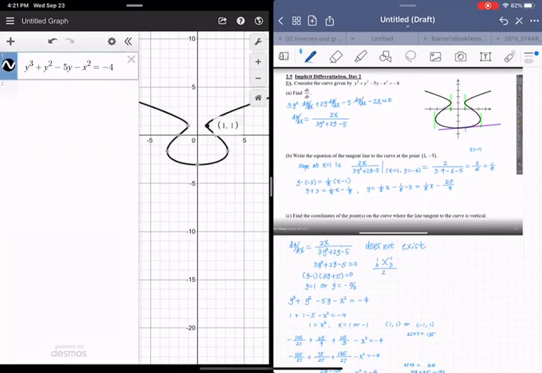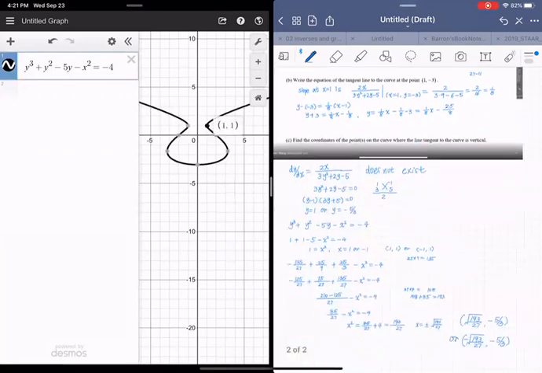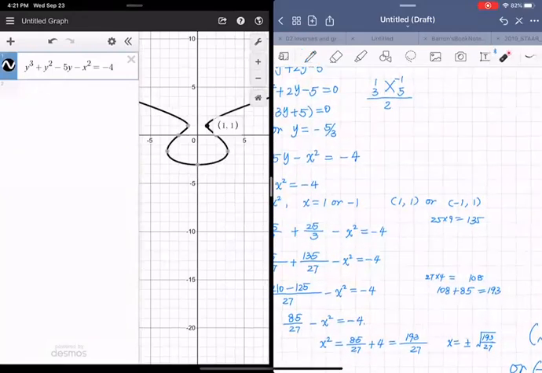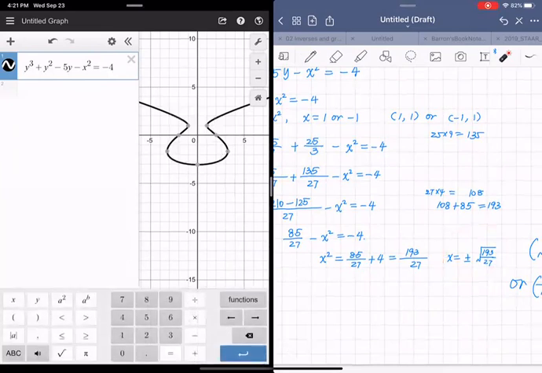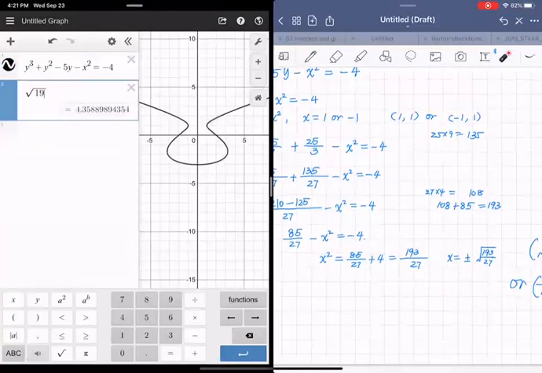This point we can tell is (1, 1), that agrees with what we have here, and then (-1, 1). And one point is here, 3.238. So let's verify if our calculation is correct. Our calculation is the square root of 193 over 27.